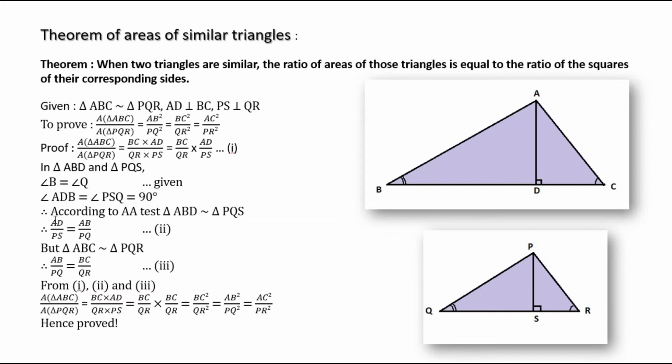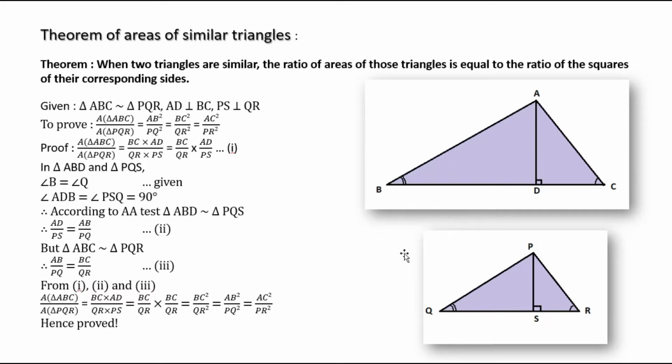So we can write here, according to the AA test, now we have two congruent pairs of angles. So according to the AA test, triangle ABD and triangle PQS are similar. So this is what the similarity means. We can prove that using the AA test of similarity. Now, if we know this, then we can write AD upon PS is equal to AB upon PQ.